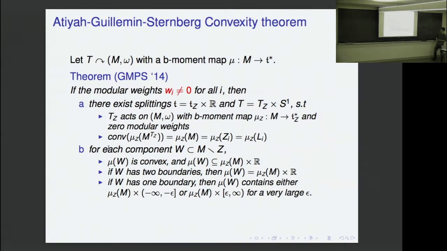The idea of the proof is, for example in this case, if we take these components bounded by these two components, then we will have this cylinder. Let's call this W. This is going to be open, and it has the boundary Z1 and Z2.